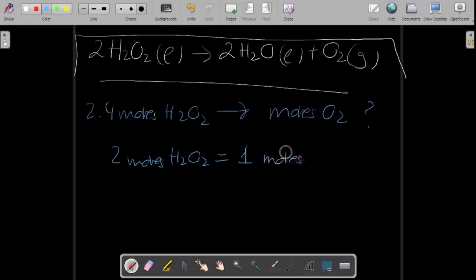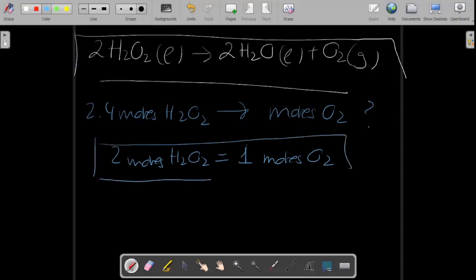This is how the recipe reads. It says 2 will produce 1. Okay? Everybody so far so good? You're able to read these the same way as you say 2 will produce 2 of water, but it will produce 1 of oxygen. Very good.